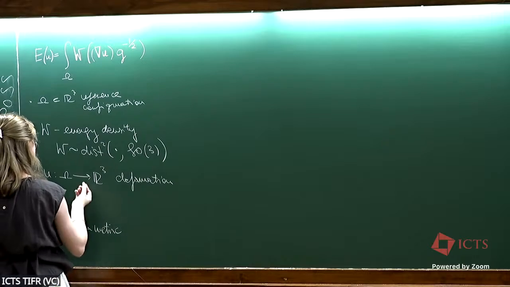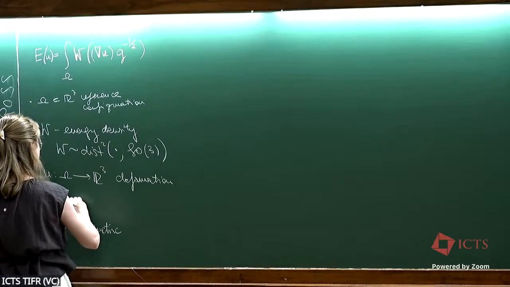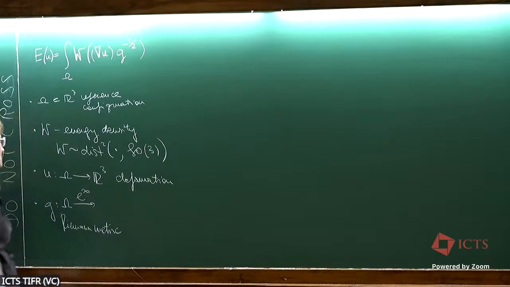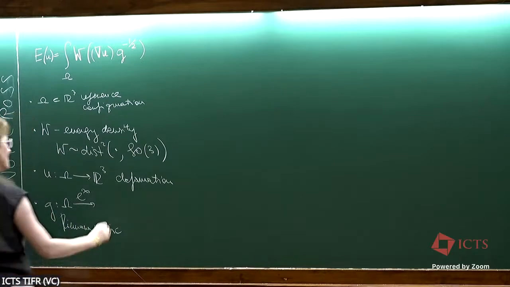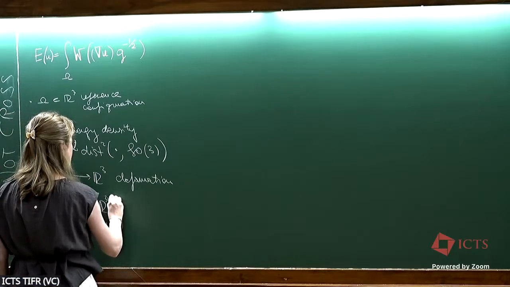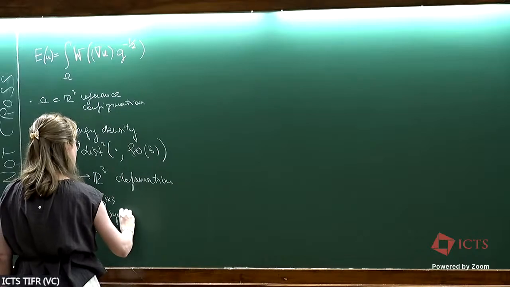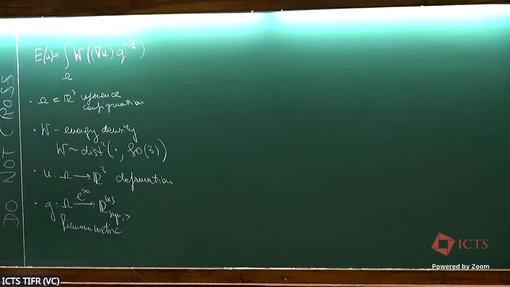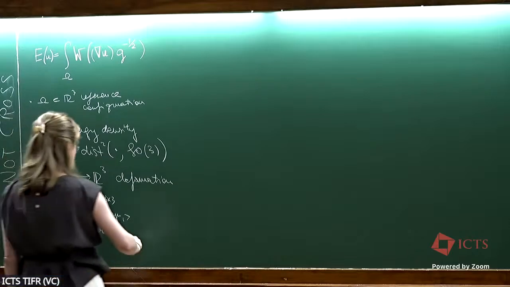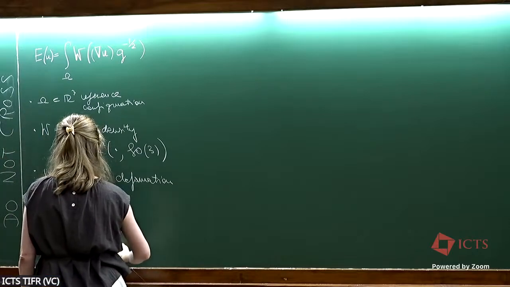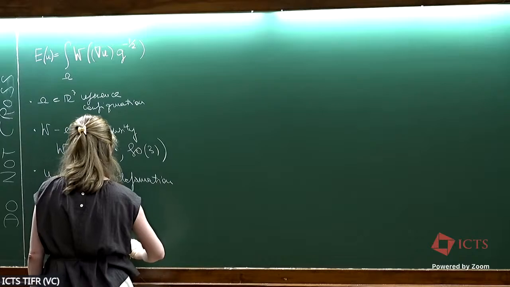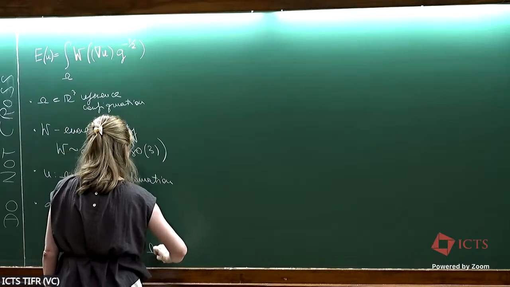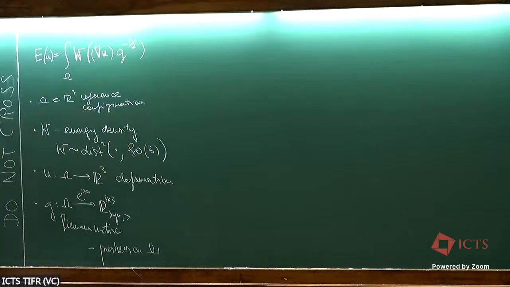You can think that it's just a smooth field, which associates to points in omega 3x3 symmetric positive definite matrices. And this G here is related to the prestress on omega. Okay, so G is imposed.